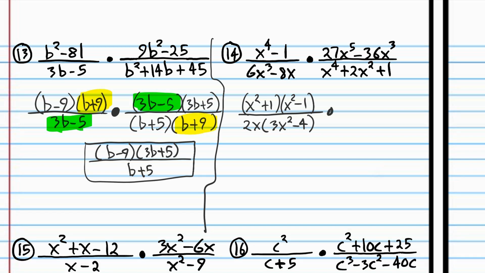Factor out the GCF here and here. And then what two numbers multiply to 1 and add up to 2? But instead of x and x, you need x squared and x squared because it's a fourth and a second power.